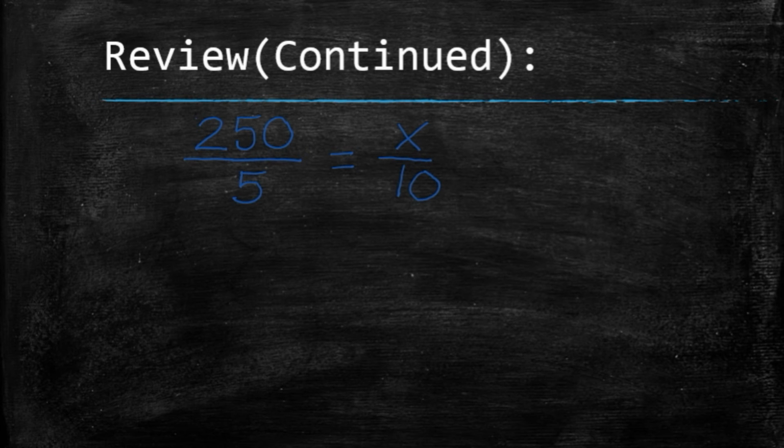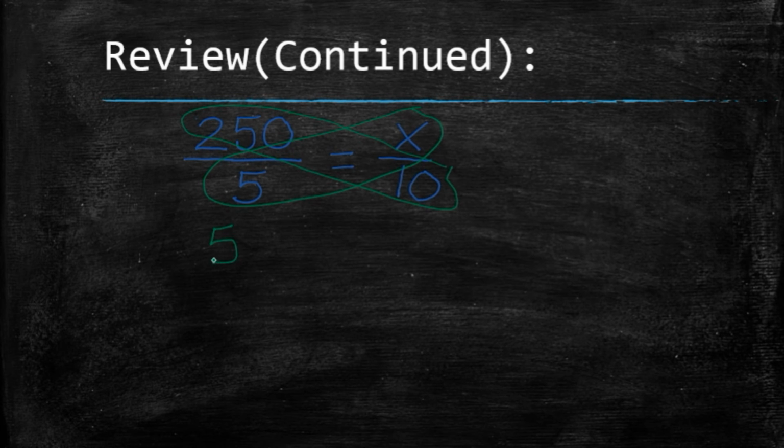Let's go ahead and review how we solved these in the last unit that you just finished. So here you have 250 over 5 equals x over 10. And we learned how to use the butterfly strategy to make sure that we are multiplying the correct numbers.